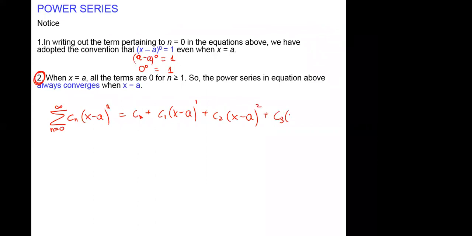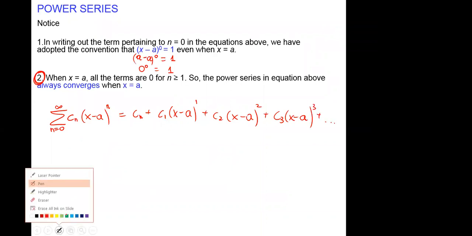Let me rewrite for you. The sum from n equals 0 to infinity of c sub n times (x minus the center) to the power of n. The first term, of course, is just c sub 0, because this will be 0 and this is 1. And then c sub 1 (x minus a) to the power of 1, c sub 2 (x minus a) squared, c sub 3 (x minus a) to the power of 3, and so on.